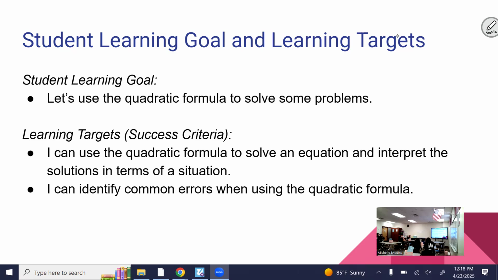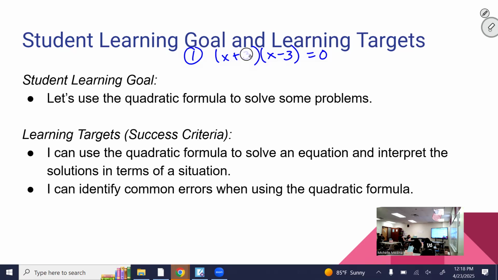What is the first step? What do you need to make sure before you try to do anything else? Make sure it's set equal to 0 and what else? Because I could have something like this set equal to 0, but that's not for solving by quadratic formula.